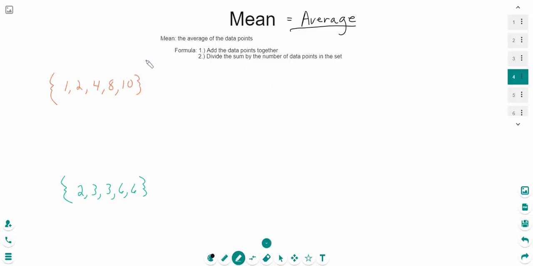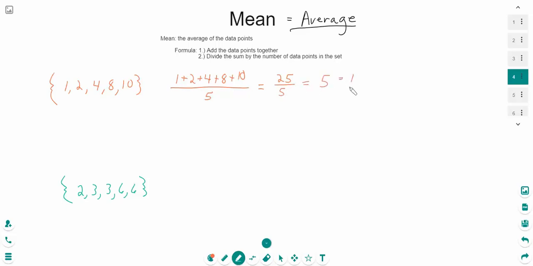All right? So if that's the formula, we have our data set here. Let's find the average. So we would add up all the data points, and we would divide it by the number of data points, and there are 5 of them. So we can now work this out. 1 and 2 is 3, 7, 15, 25, divided by 5, which is going to give us a 5.